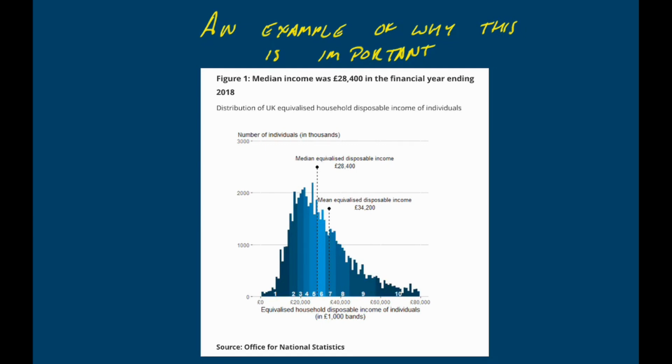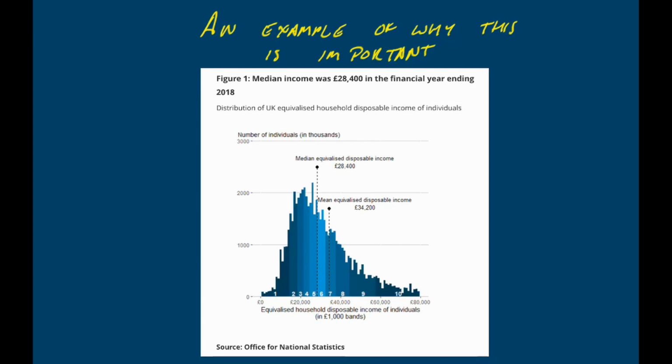And you can see by looking at this frequency histogram that it is quite positively skewed. There are lots of people with not a huge amount of disposable income, and there are some people with a very large amount of disposable income. And you can see that they've drawn both the median and the mean on this plot. And you can see that the mean is rather higher than the median.